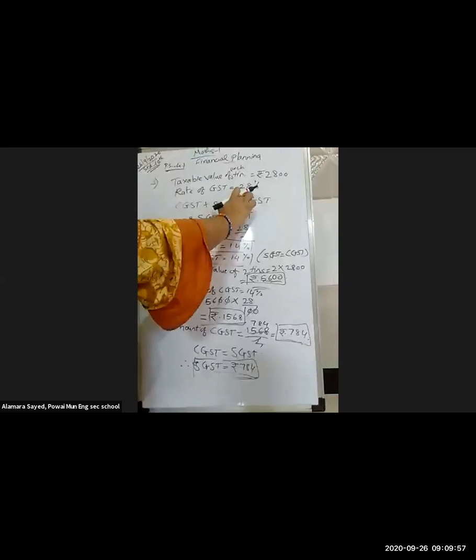Now see, students, once again I am repeating it. Taxable value of tins, each tin is given here. Each tin, that is rupees 2,800. That means value of 1 tin is 2,800. So rate of GST is 28%.